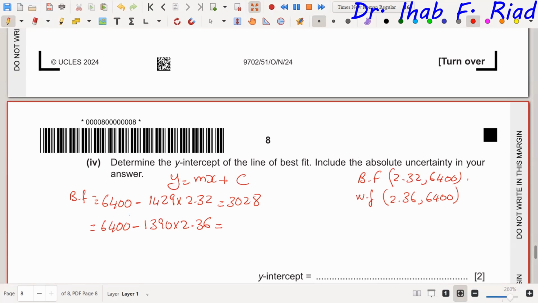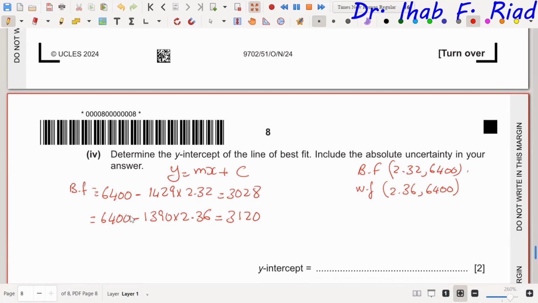Yes. I got 3120. What are the units? A inverse. Good. Absolute uncertainty? It is the difference between the worst fit and the best fit. Yes.